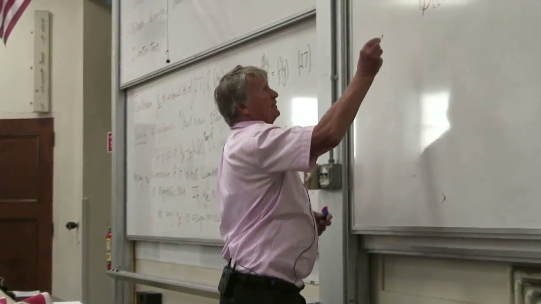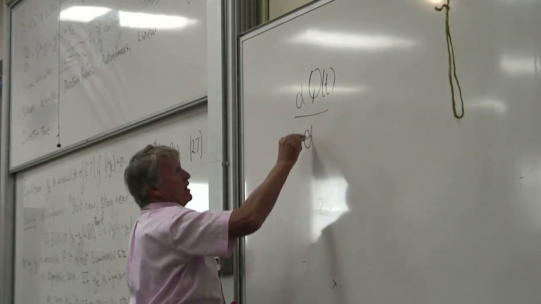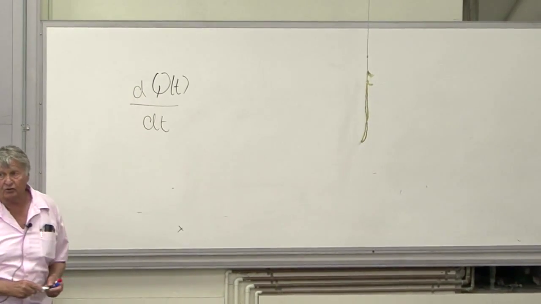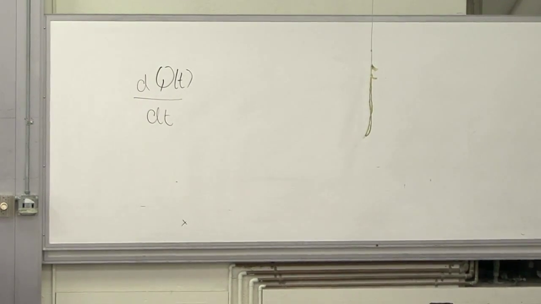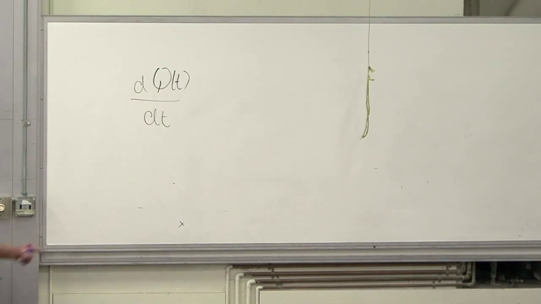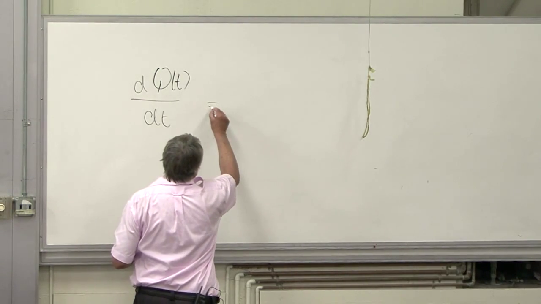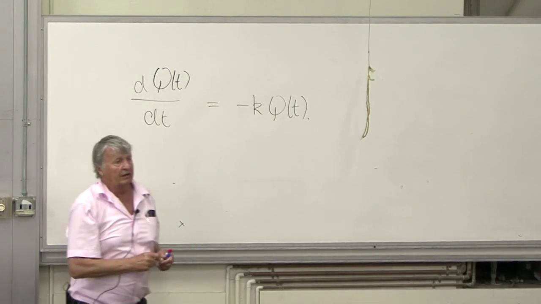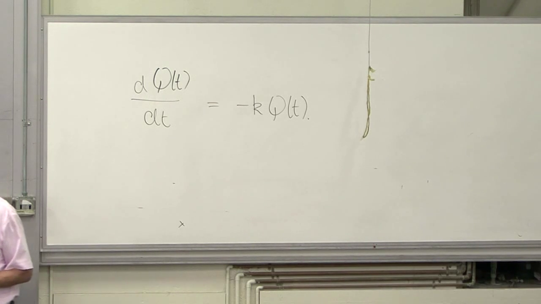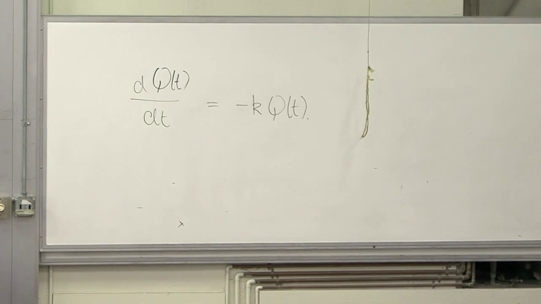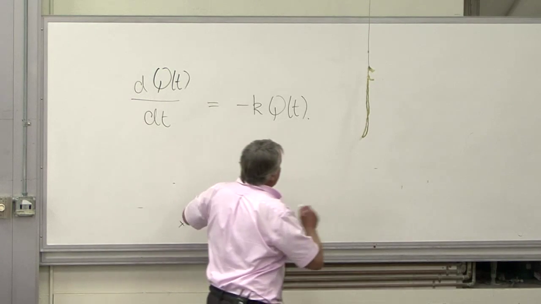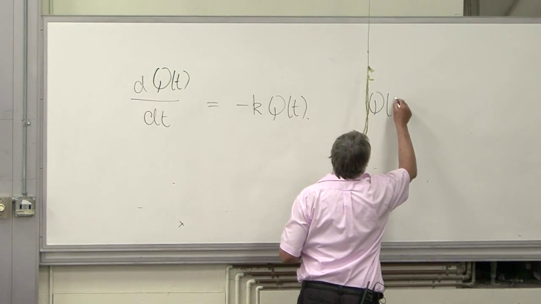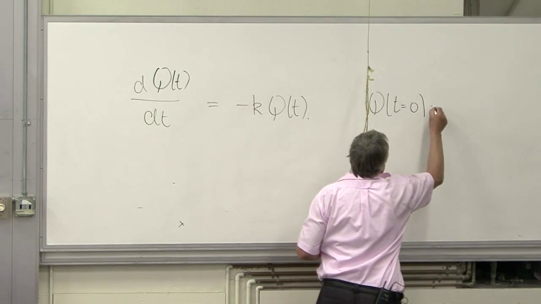And so you have a law that says the amount of the radioactive substance, you could think of this as the ratio of carbon-14 to carbon-12, the rate of decay of this is proportional to the amount present. So the rate of decay slows as Q of t itself gets smaller and smaller. We might be given the initial condition, Q at time 0, we call that Q of 0.